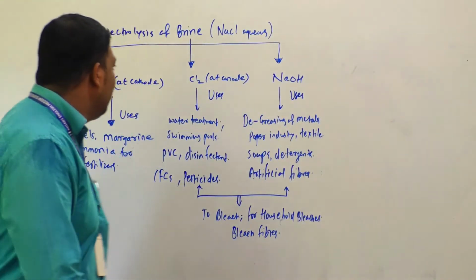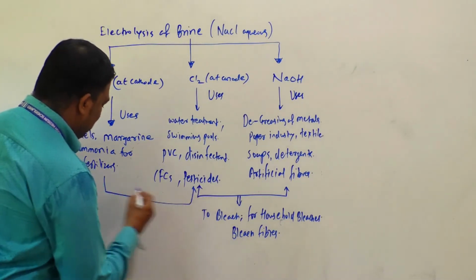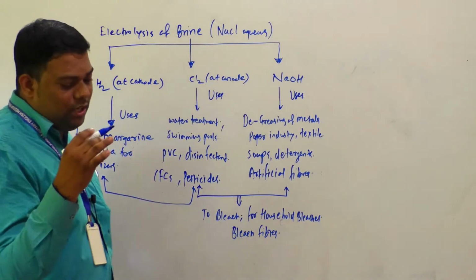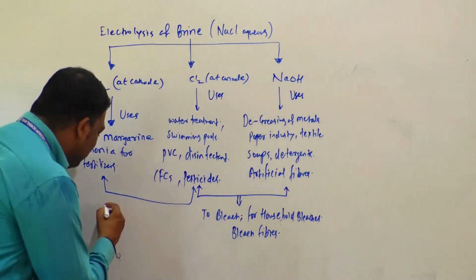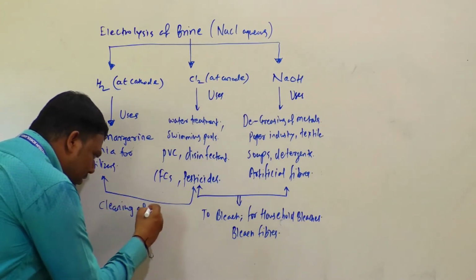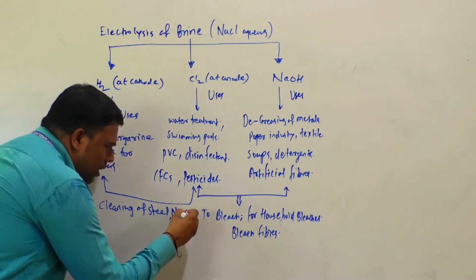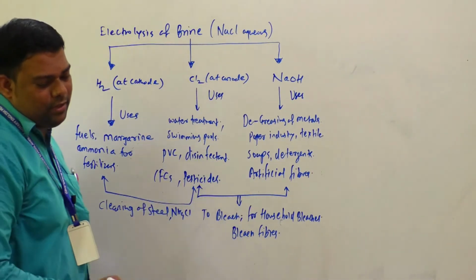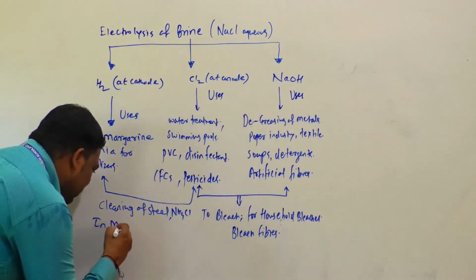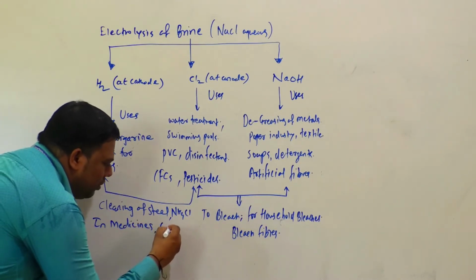Next, the mixture of H2 and Cl2, where can we use this? In the manufacturing of, first we will discuss, cleaning of steel, in the manufacture of NH4Cl, ammonium chloride, in medicines, in cosmetics also.